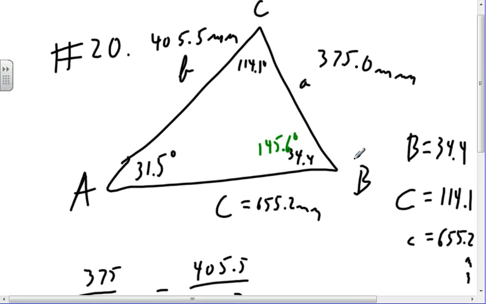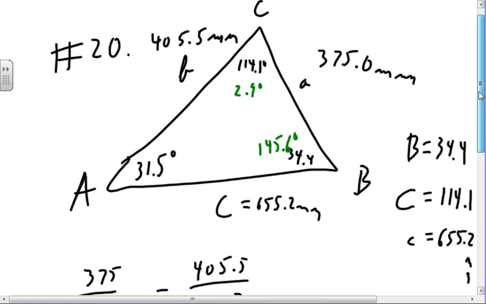Well, if he was, then C would have to be something different. 180 minus 31.5 minus 145.6, 2.9 degrees is all that C is.